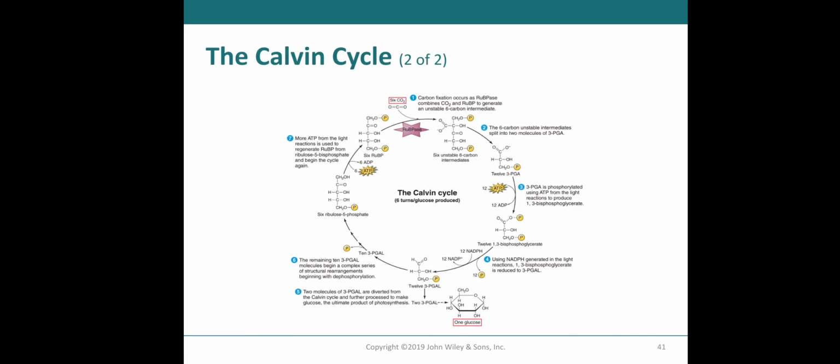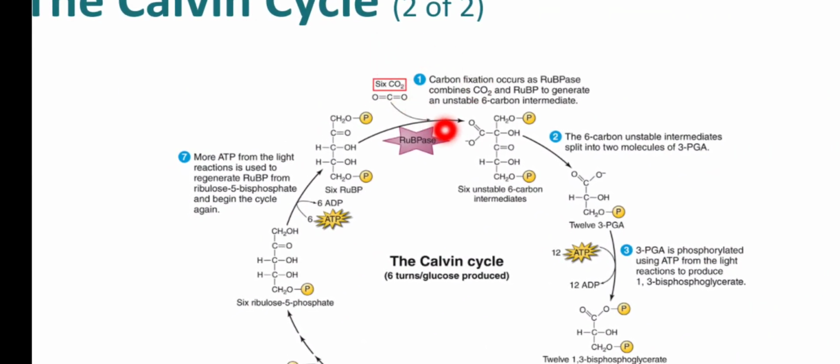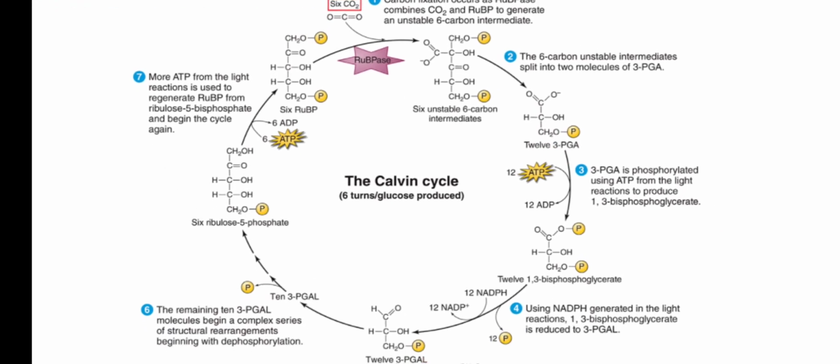Sometimes they visualize it as such. You have your carbon dioxide. You fix the carbon dioxide using RuBP, and then you will generate PGA. So 6 cycles, 6 reactions, must occur simultaneously to produce 1 glucose. You have the 6 carbon dioxide, you will get 12 PGAs.